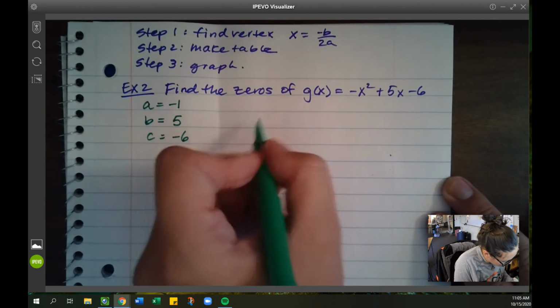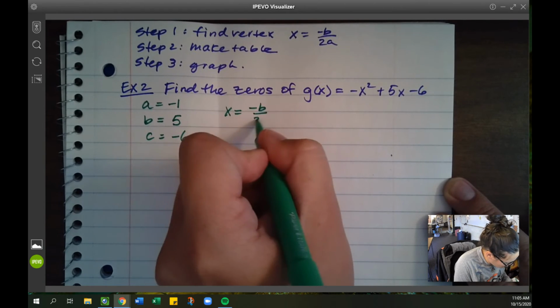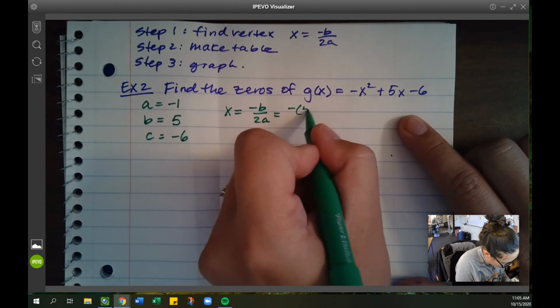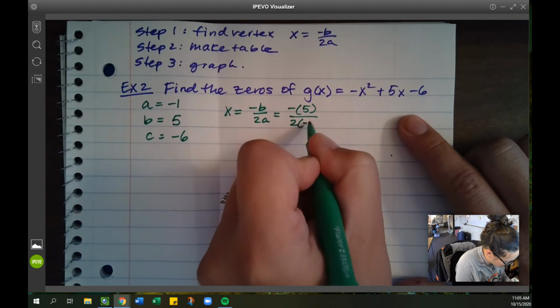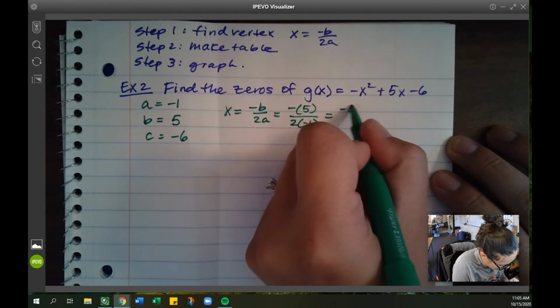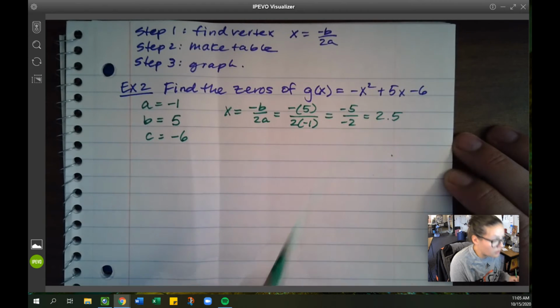So negative b over 2a: I'm going to have negative 5 over 2 times negative 1, which gives me negative 5 over negative 2, which is a positive 2.5.